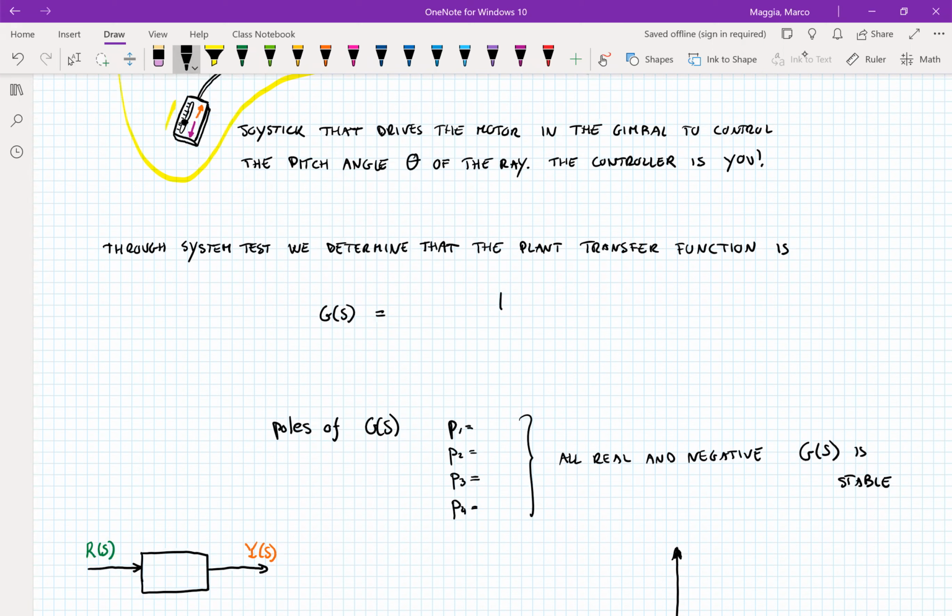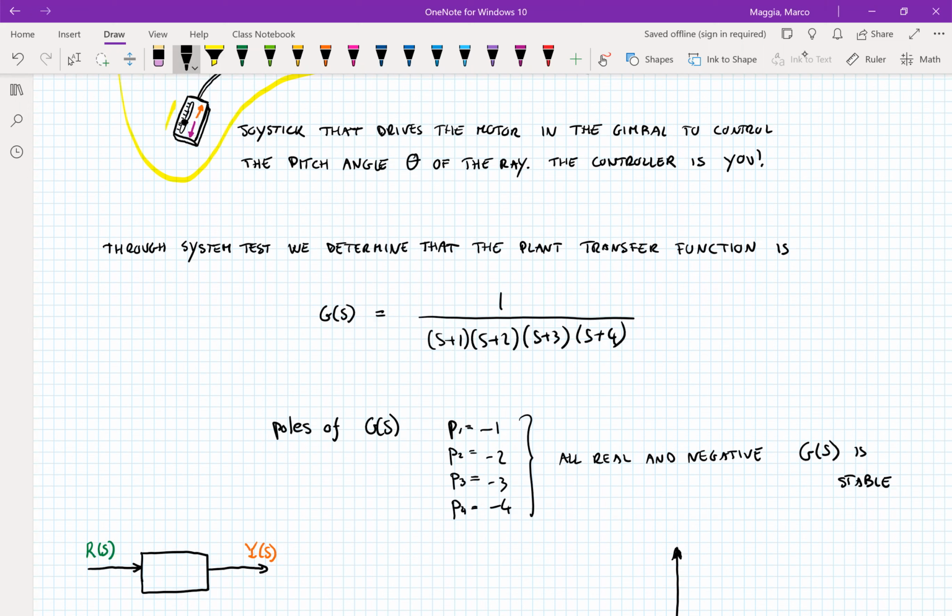Let's say that you determine that G of s is equal to 1 over (s plus 1) times (s plus 2) times (s plus 3) times (s plus 4). Clearly the poles of G of s are -1, -2, -3, -4. Here I wrote it already factorized, so it's easy to see where the poles are.